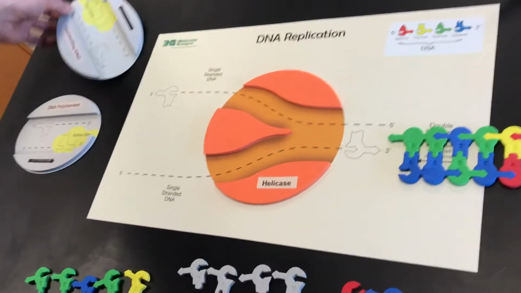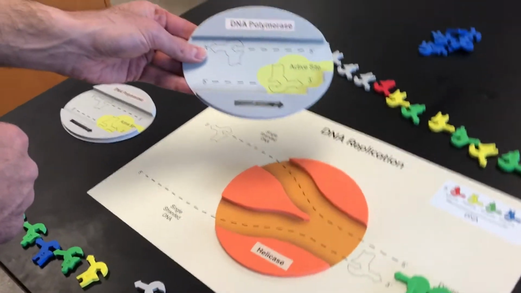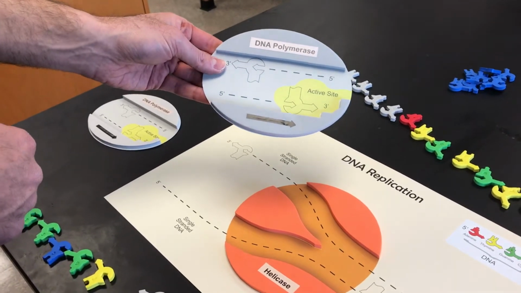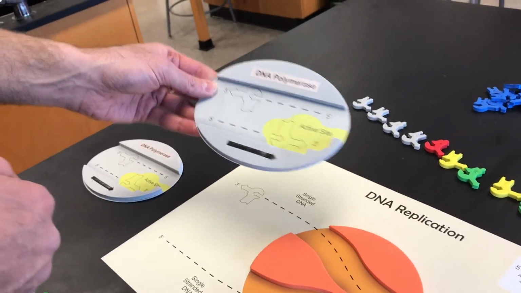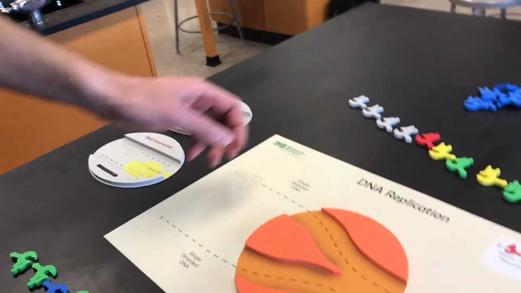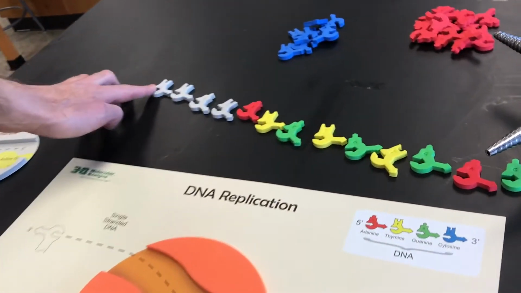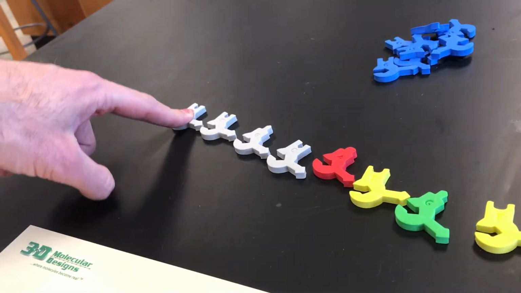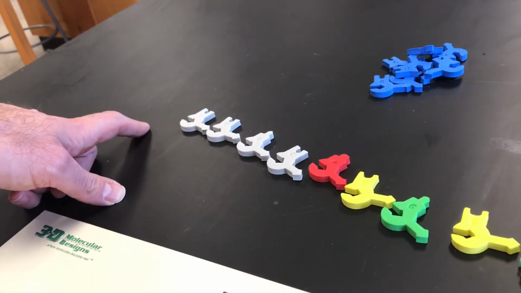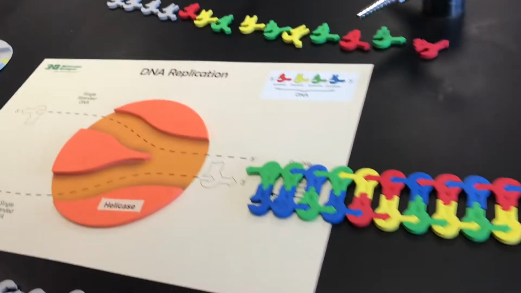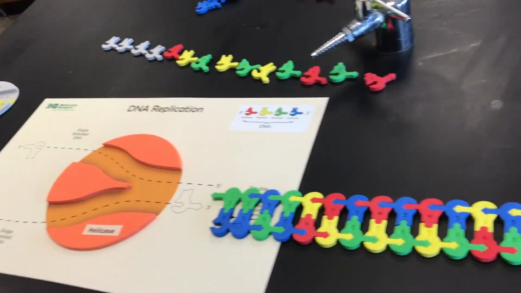You're also going to need two of these, which represent the enzyme DNA polymerase. And finally, you will need a handful of these gray pieces, which represent RNA nucleotides. You can just pull out a few of each of those.